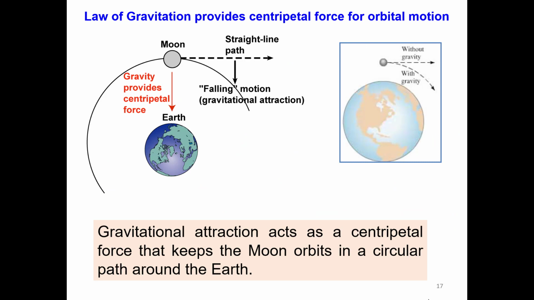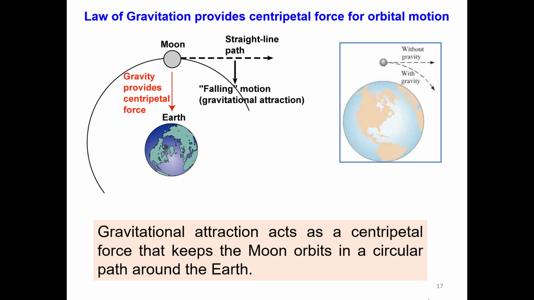The last thing I want to discuss is the relation between the gravitational force and the centripetal force. If we attach some object to the end of a string, and this object is moving in a circular path, then the centripetal force that keeps that object moving in a circular path is the force we apply to the string.